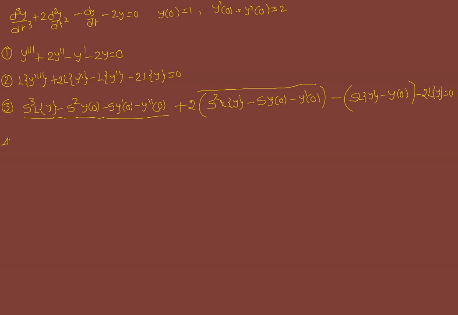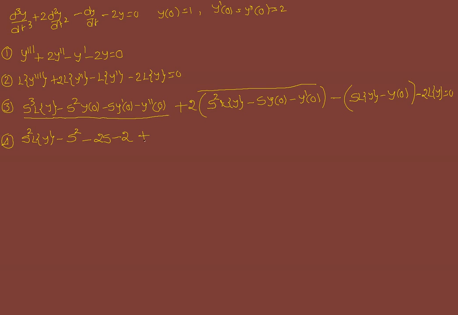Now the next step, fourth step, is substituting the values: y of 0 is equal to 1, y dash of 0 and y double dash of 0 is equal to 2. So s square into L of y minus s square into y of 0, which is 1, therefore minus s square; minus s into y dash of 0, which is 2, so minus 2s; minus y double dash of 0 is equal to 2.